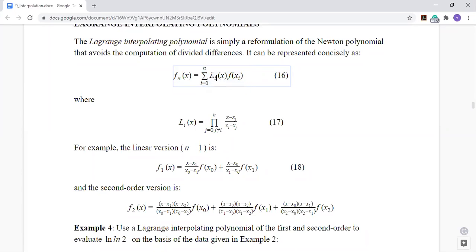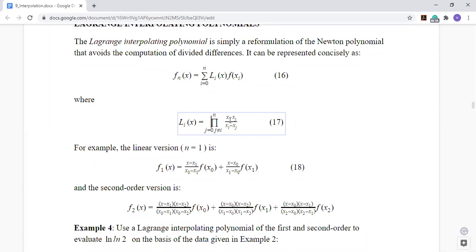Then this Li of x is given by this. This symbol, this pi, simply means the product, starting from j equal to 0 to n, where j is not equal to i.